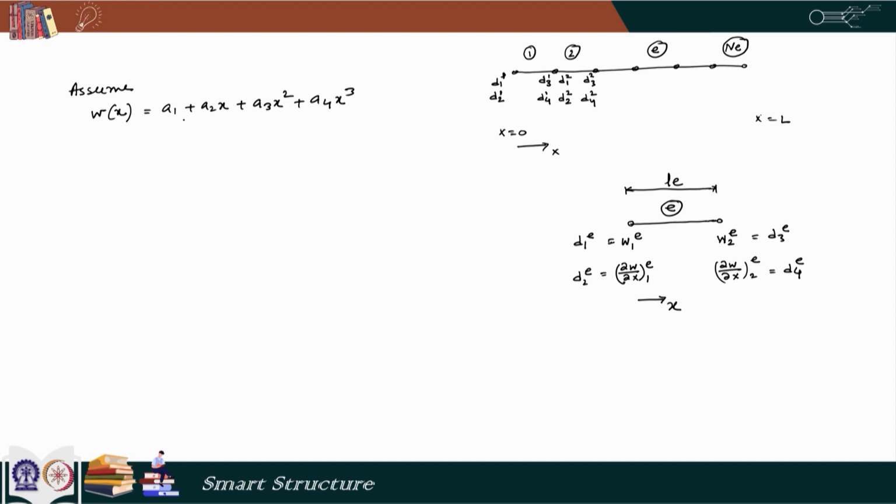So, our approximation is such that I have 4 unknowns here, A1, A2, A3, A4. If the problem is a time independent problem, these are just constants, and if it is a time dependent problem, then A1, A2, A3, A4 have time dependent values.